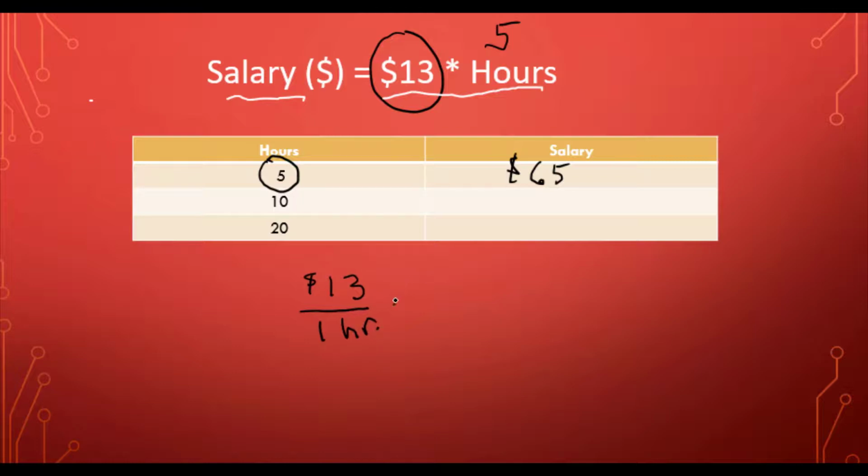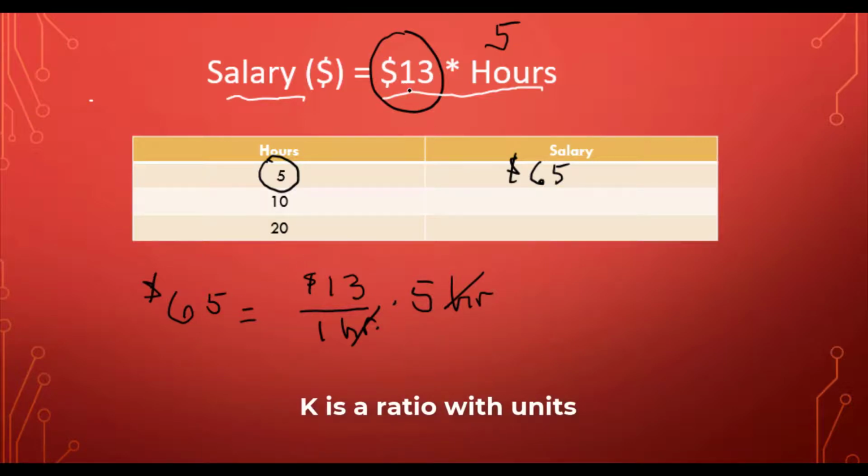And so when I multiply it by 5 hours, the hours cancel, and I'm left with $65 for my output. And that's the key to K. K is a ratio, and the ratio has units associated with it so that the equation will work properly.